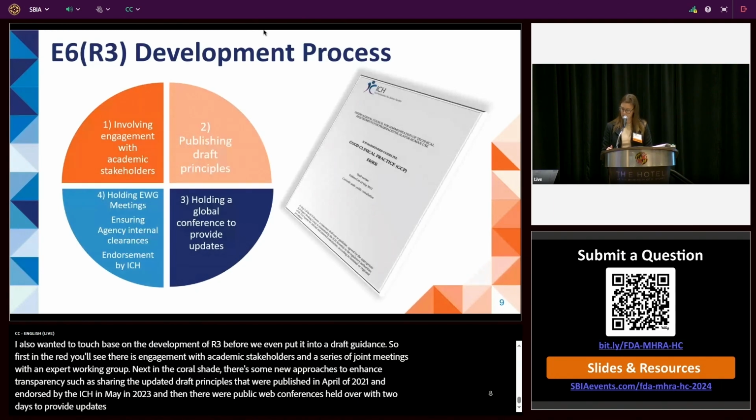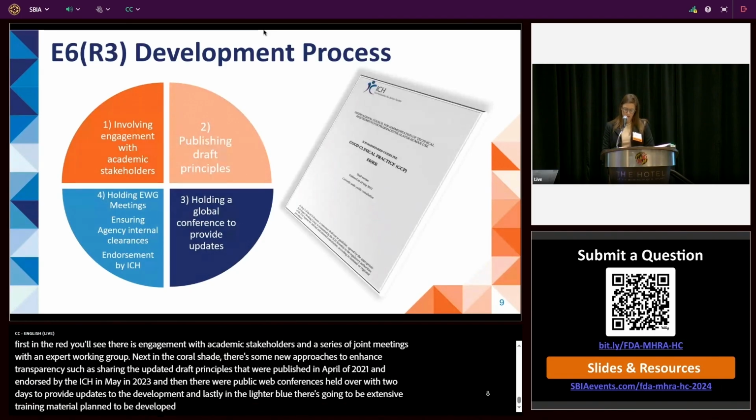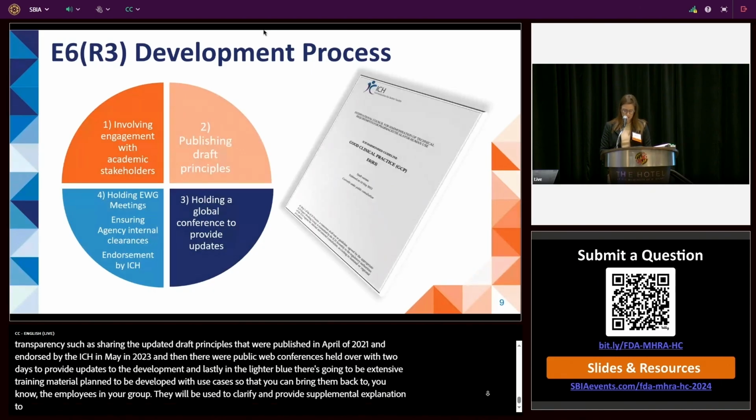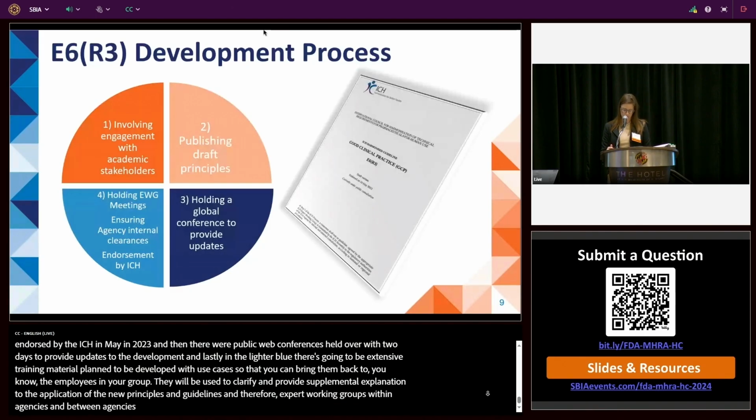And lastly, in the lighter blue, there is going to be extensive training material planned to be developed with use cases so that you can bring them back to the employees in your group. They'll be used there to clarify and provide supplemental explanation to the application of the new GCP guidelines. And therefore, expert working groups within agencies and between agencies assured internal clearances and external clearances of the material, and then final endorsement by the ICH.